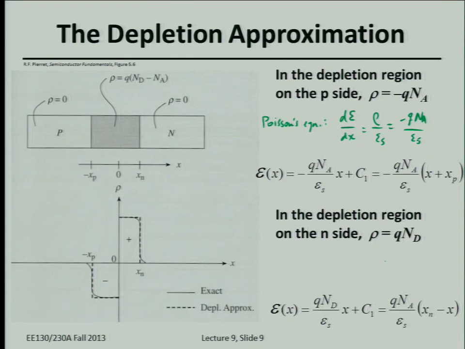Okay, and so one boundary condition that we can set here is the electric field strength at the edges of the depletion region. Basically, there should be negligible electric field in those charge neutral regions.